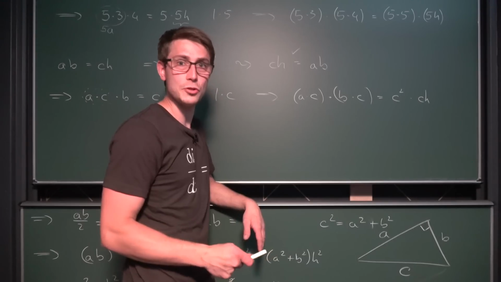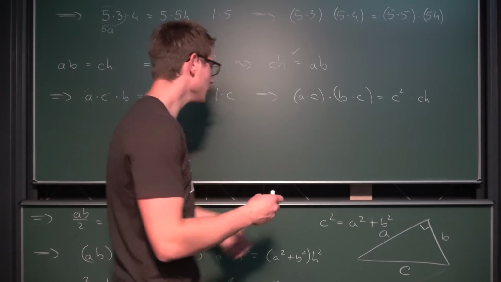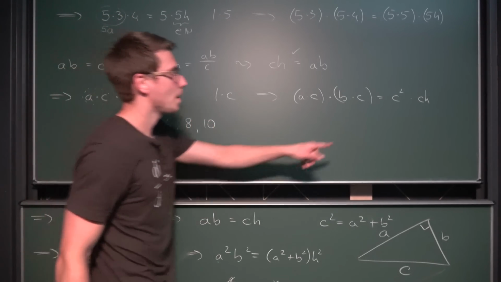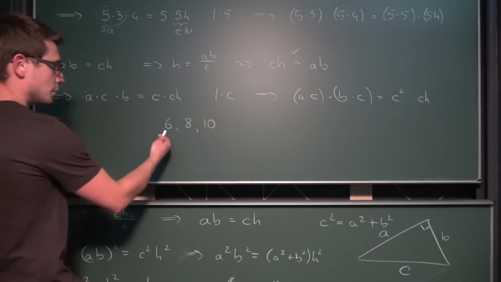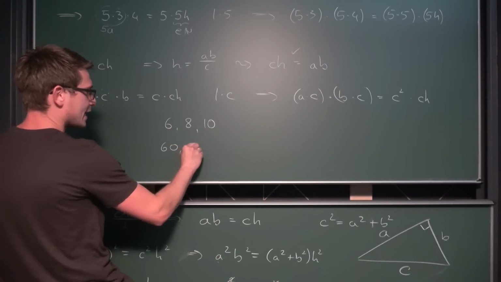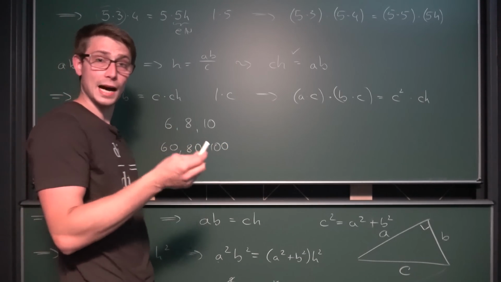All you really have to do is you are going to multiply your original Pythagorean triple, for example 6, 8 and 10, by the hypotenuse. Meaning the new Pythagorean triple is going to be, this right here is the hypotenuse, 60, 80, 100. And what is the height gonna be?